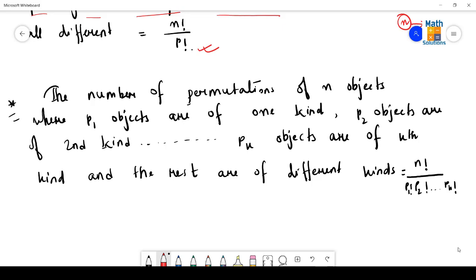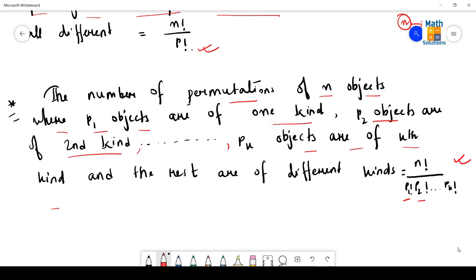So here we find the number of permutations of n objects where p1 objects are of one kind, then p2 objects are of second kind, and that goes on up to pk objects of kth kind and the rest are all different kinds of objects. And in that particular situation the total permutation will be n factorial divided by p1 factorial into p2 factorial, that goes on up to pk factorial.